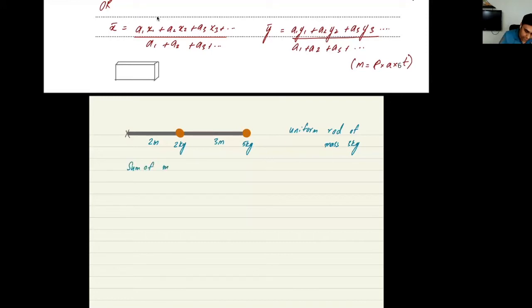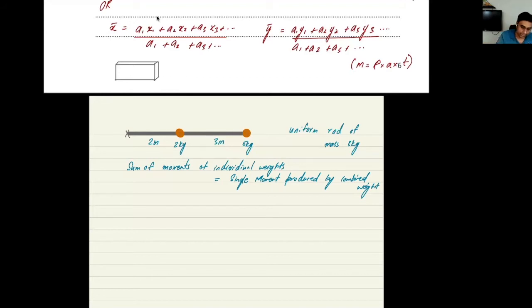And we say that sum of moments of individual weights is equal to single moment produced by combined weight. This is how we sort of logically comprehend it, that one weight is producing a moment, there's another weight producing a moment, the third weight too.